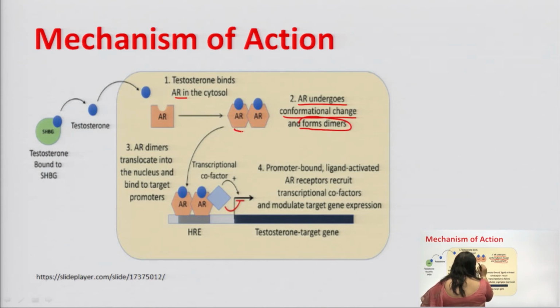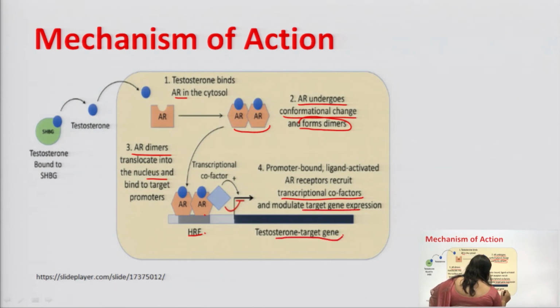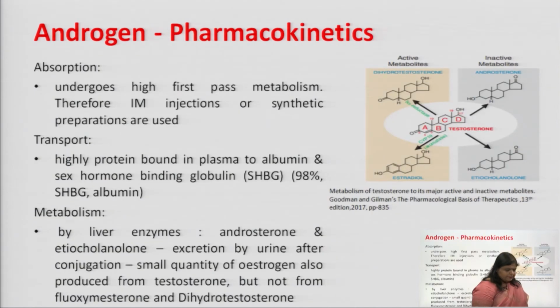Dimer means two are formed. Then these dimers translocate into the nucleus and bind to the target promoters, which are called the HRE, and this then causes the transcription or the gene expression, and that is how the action of testosterone is produced. So they are a family of the nuclear receptors.